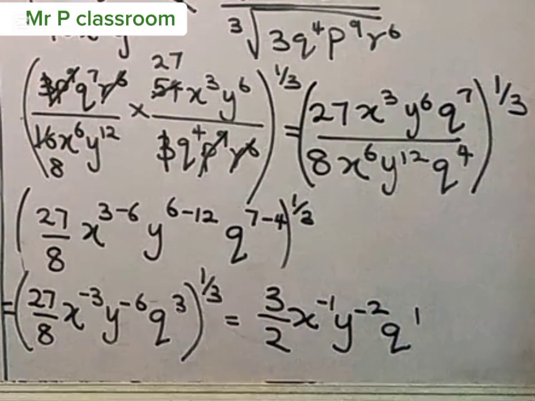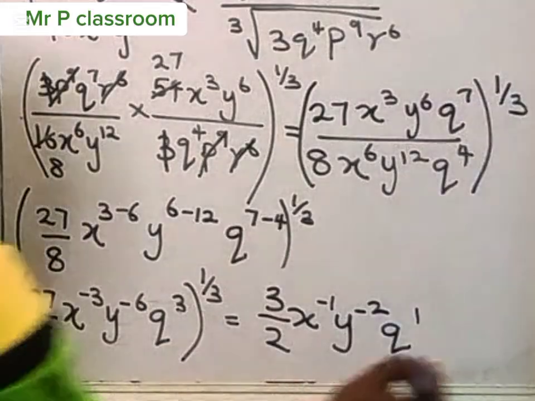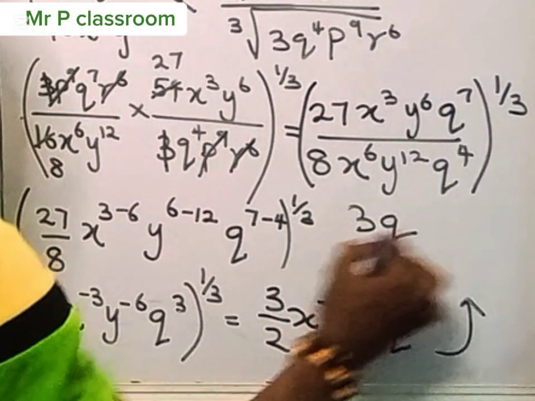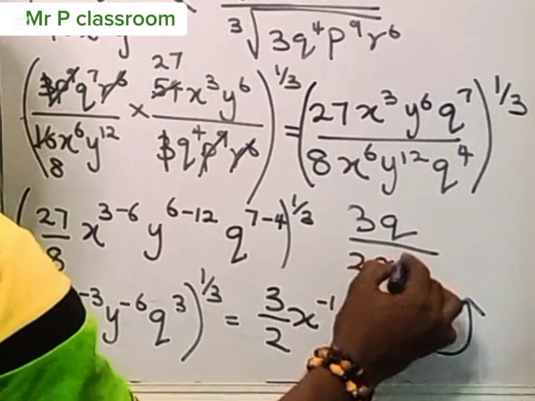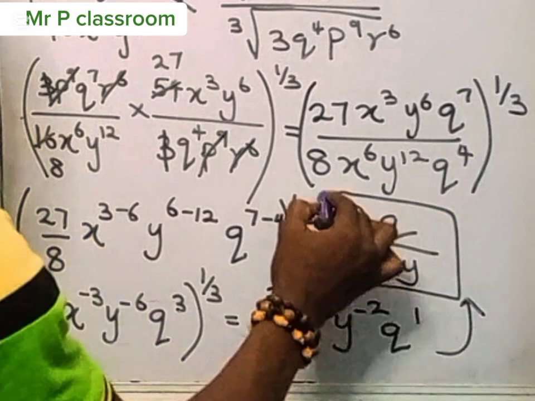So this is my answer. I can also call it 3q over 2xy. So this can be my answer as well.